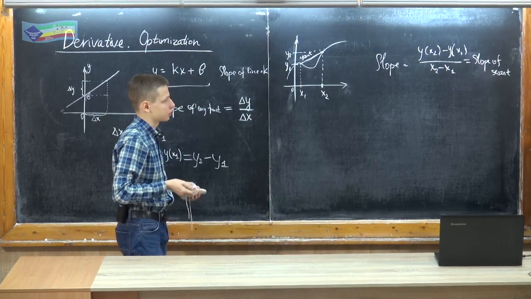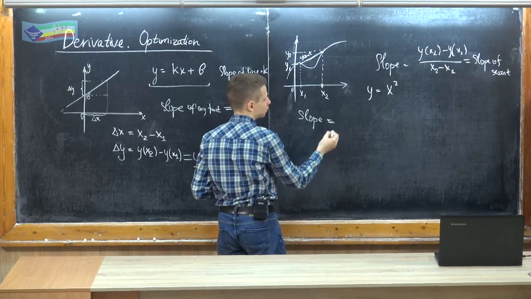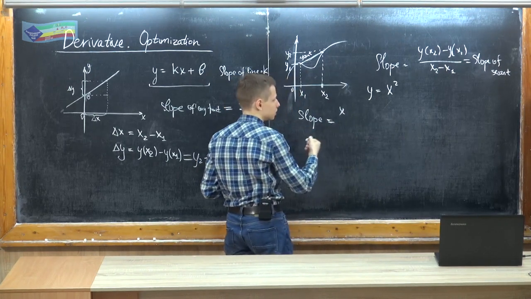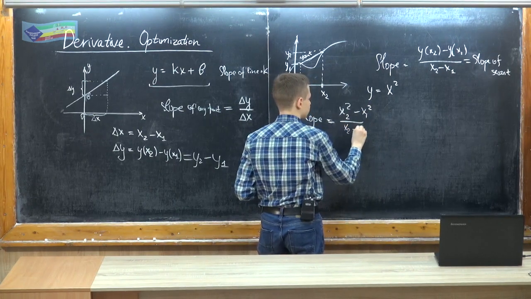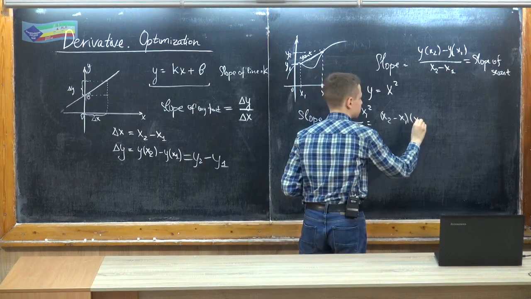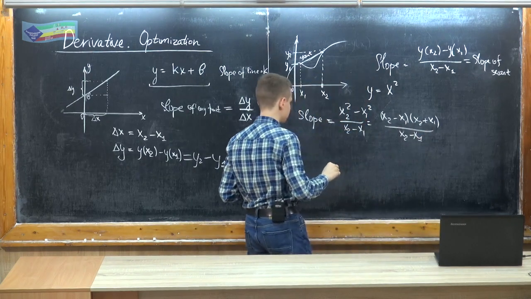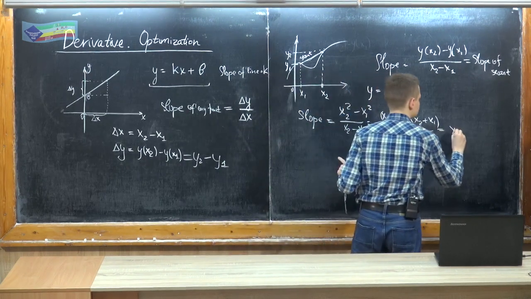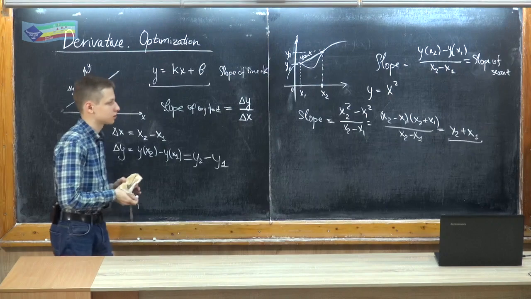Because, for example, take a look at a quadratic function. So our slope, let's calculate the slope and see if it depends on x2 and x1. We can use this special formula to make our slope simpler, and as we can see, it actually depends on x2 and x1.